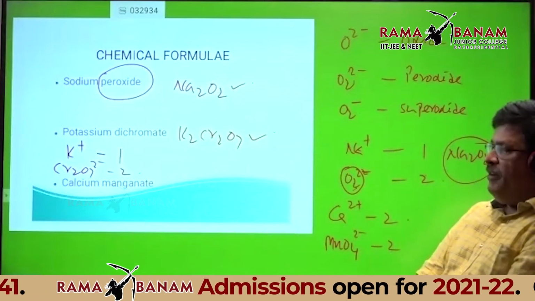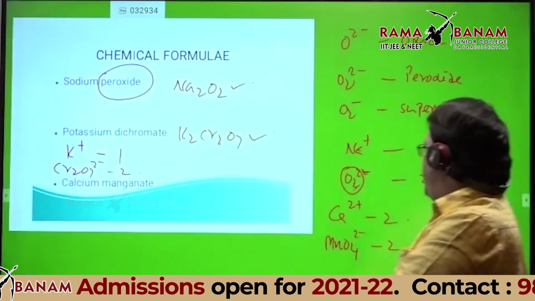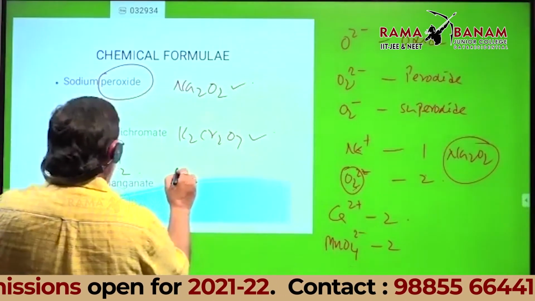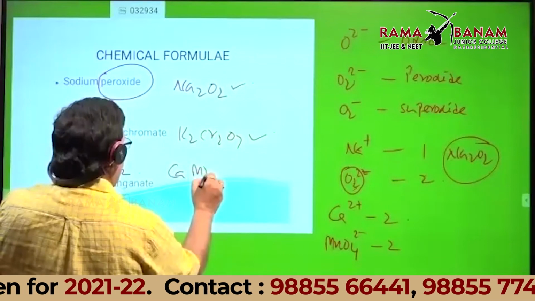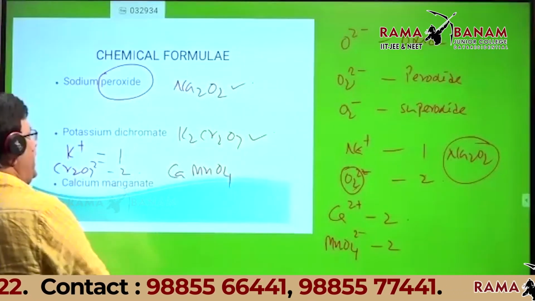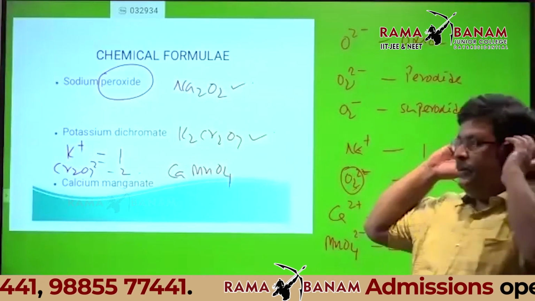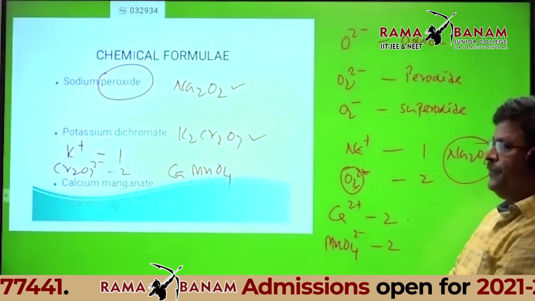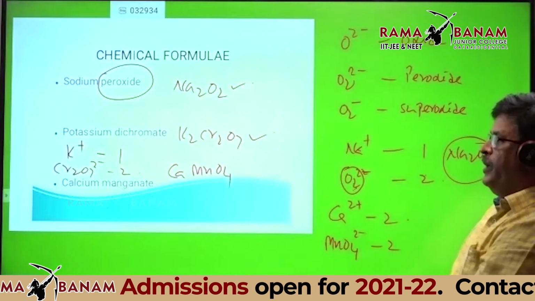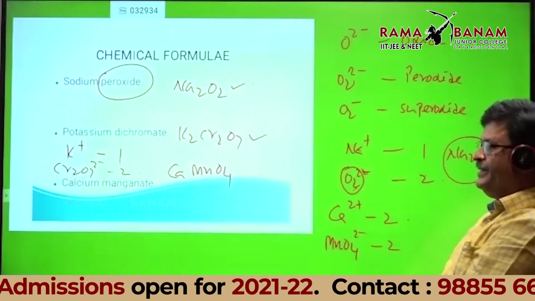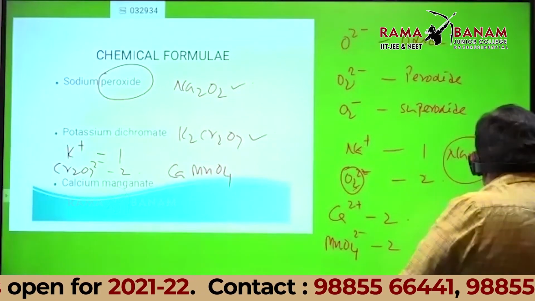Then both are bivalent, so calcium manganate formula is CaMnO4. Excellent student, good point. Is it okay? Yes, sir. Can I go to the next slide? Yes, sir.